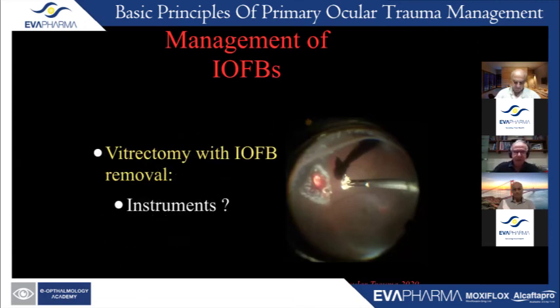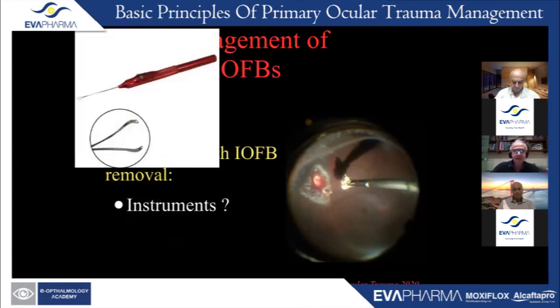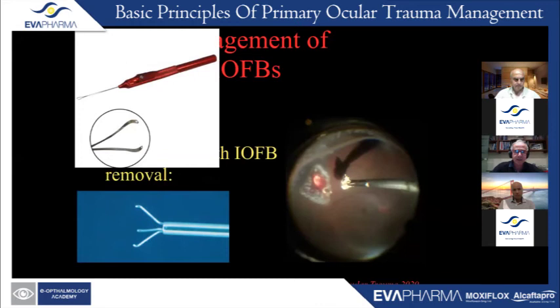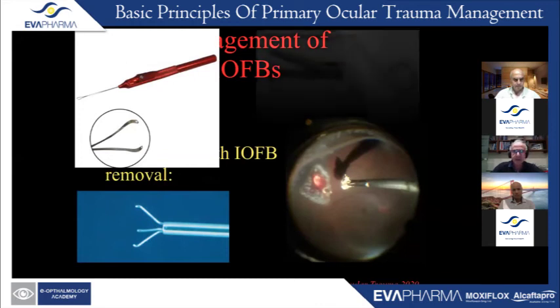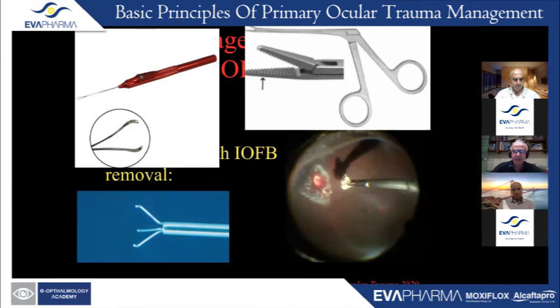What about the instruments? So you have a variety of intraocular foreign body removal instruments. You have to have a variety of sets ready because of the different sizes of the intraocular foreign bodies.